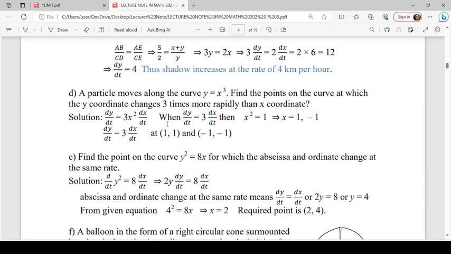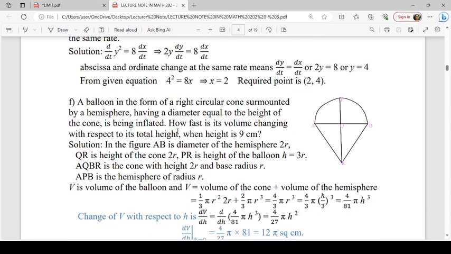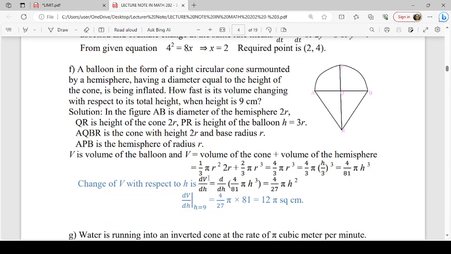Then a particle moves along a curve, and we find the rate of change of y with respect to time given the rate of the x coordinate. This is to find a point on the curve where the rate of change is some value. So these are all rates of change. From these examples you can find these things.